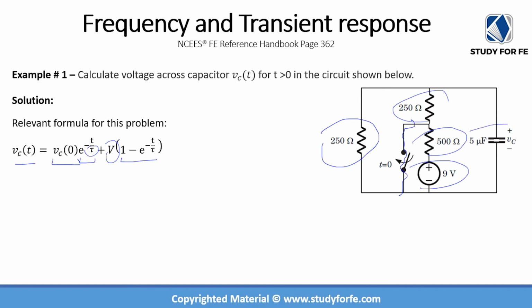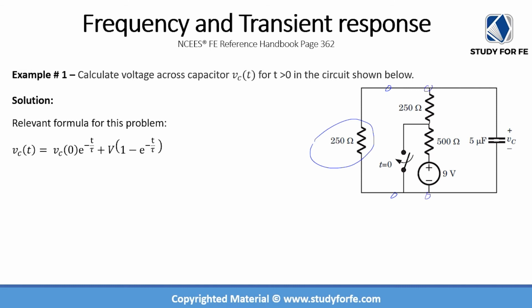And the third branch is comprised of just the capacitor. Another important thing to note is that the voltage across the capacitor is the same voltage that appears across this 250 ohm resistor. You can see that these nodes are the same, or alternatively it's the same voltage that appears across this branch as well.